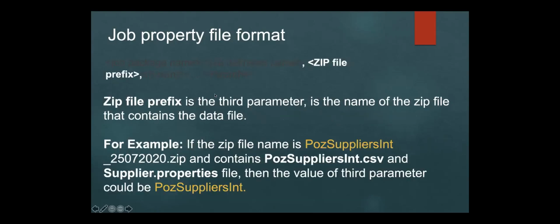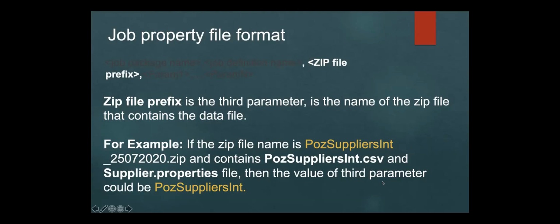The zip file prefix is the third parameter, and is the name of the zip file that contains the data file. For example, if the zip file name is POZ_suppliers_int_25072020.zip and contains the CSV file and the supply.properties file, then the value of the third parameter will be POZ_suppliers_int.